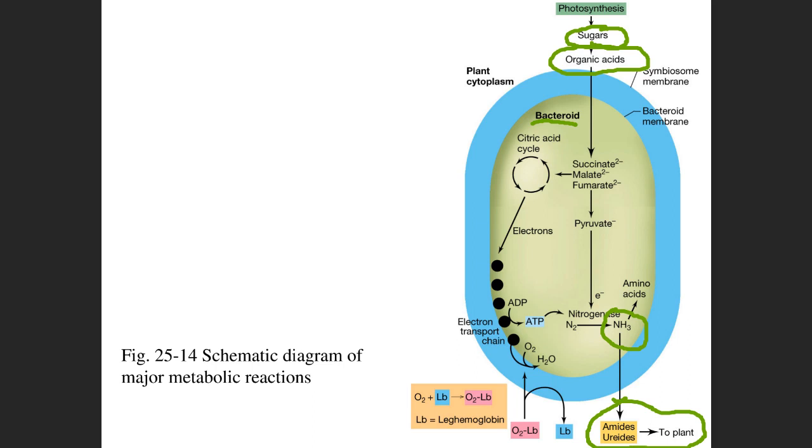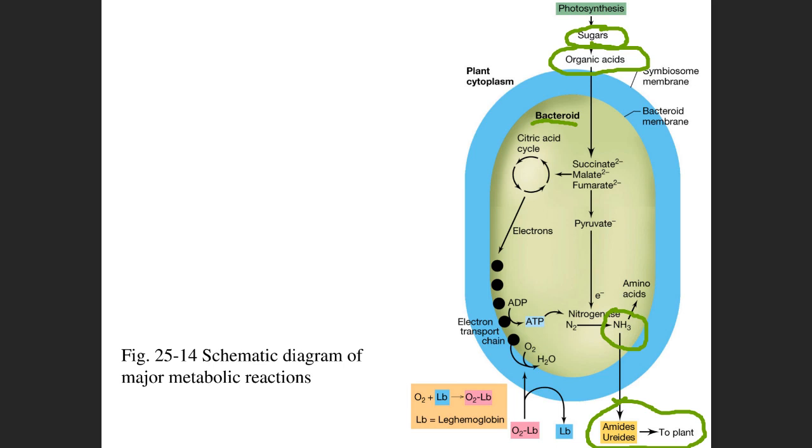Now, in order for this process to go, it's more complicated than that. If you see what's inside, you're going to recall everything you've learned throughout the semester. You have succinate, malate, and all these organic compounds, and they go into the TCA cycle. The TCA cycle cycles and electrons come out. The electrons are carried by the electron carriers, the NADH and FADH2, and that goes through the electron transport chain, right?